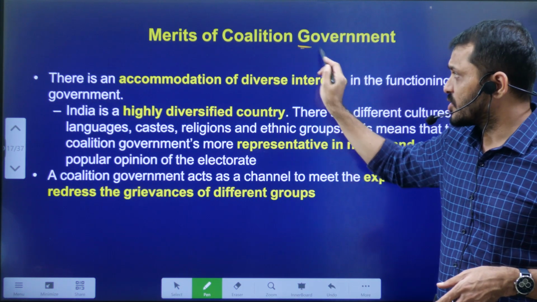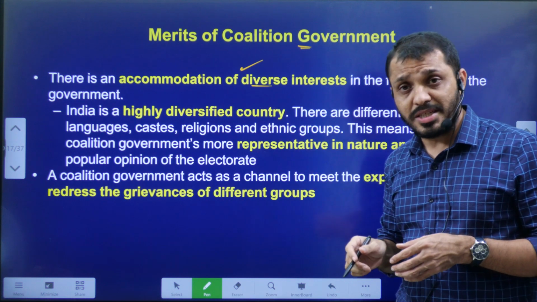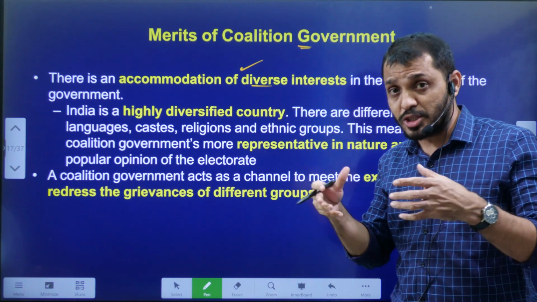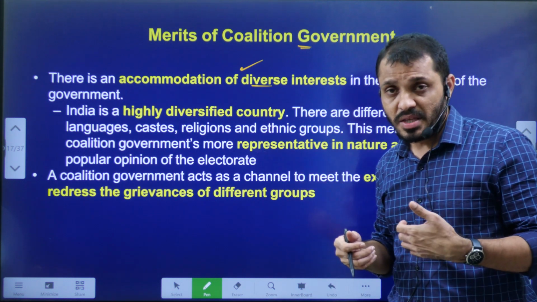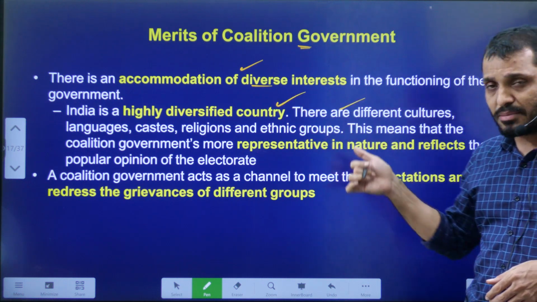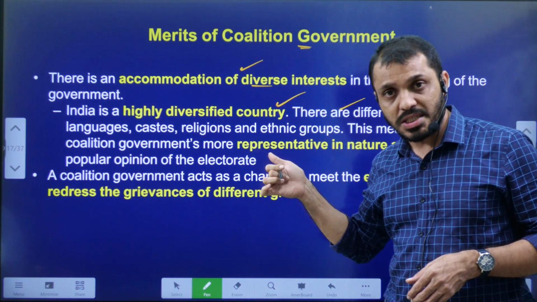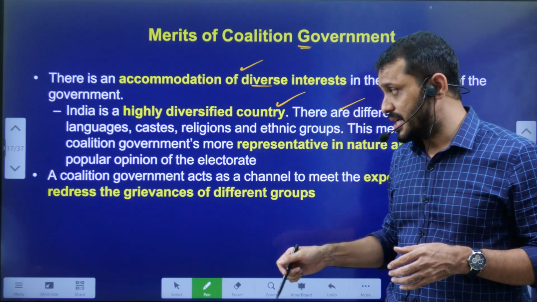Next, merits of the coalition government. What are the merits here? In coalition governments, as different political parties come together, different interests will be reflected in the government. Because India, after all, is a diverse country in terms of language, caste, culture, and ethnic groups. So this diversity will be reflected in the coalition government.